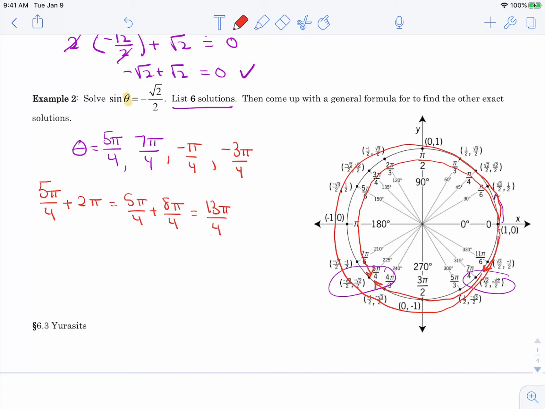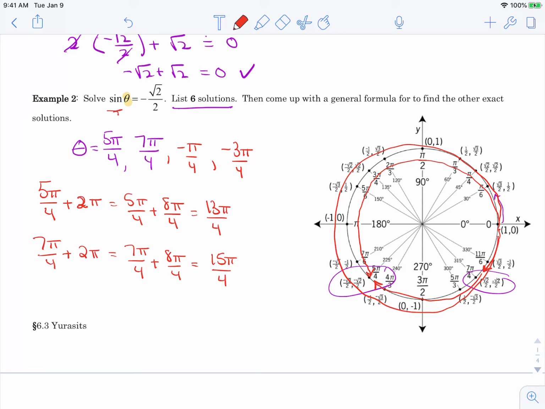I could do this with all of these, because if you add your period, which is 2 pi for sine, it's going to get you in the same location, because that's when it starts repeating itself. So my other solution could be 7 pi over 4 plus 2 pi. Find a common denominator. It looks like I get 15 pi over 4.